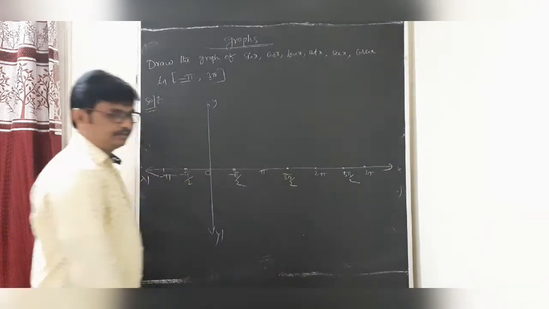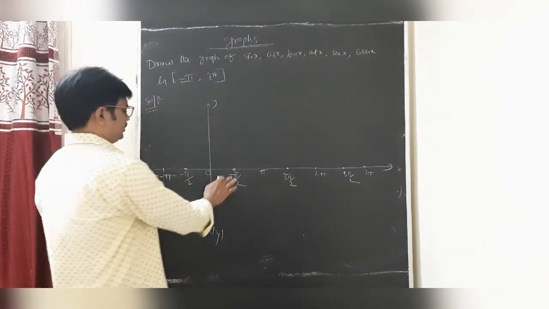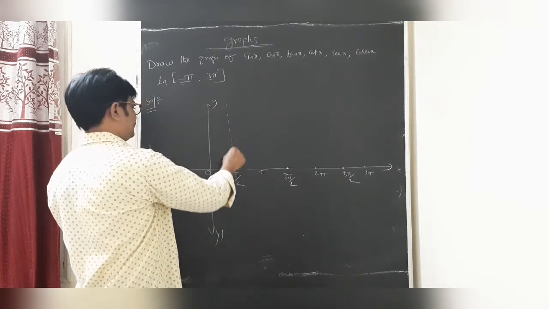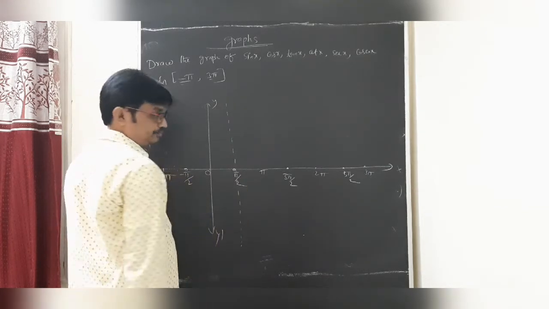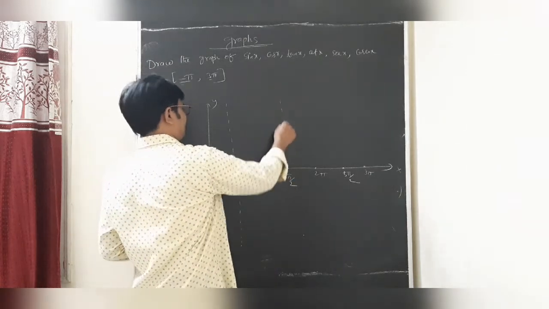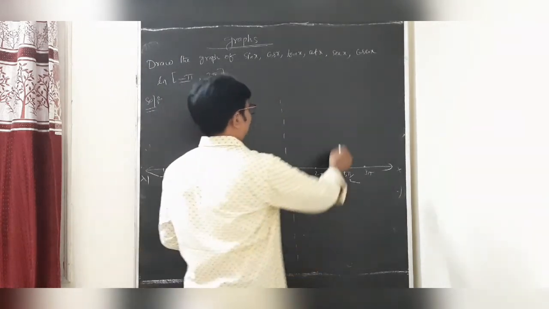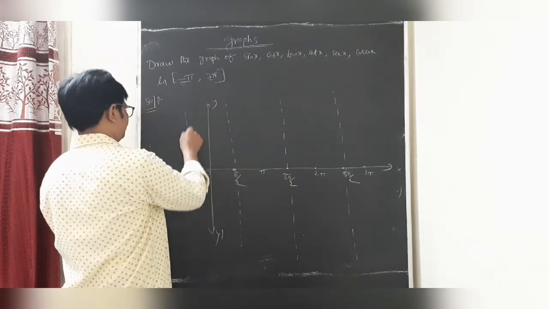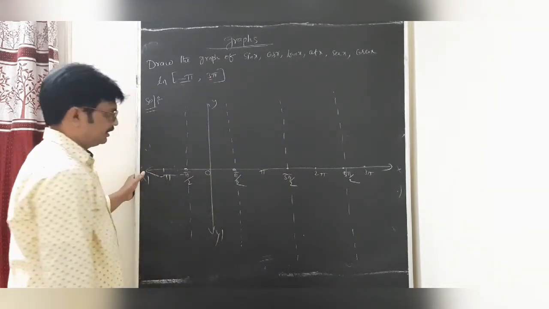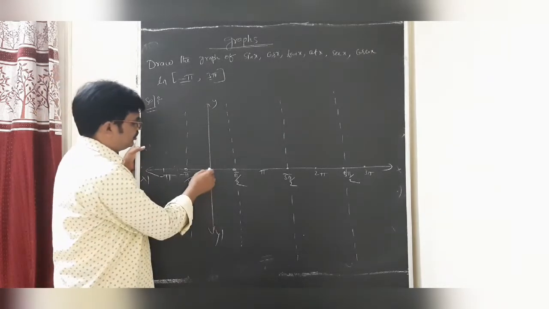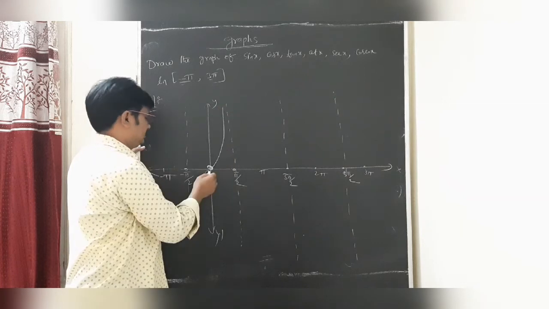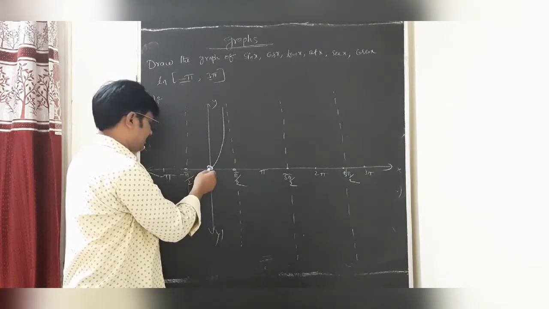What we observe: tan 90 is infinity, tan of 3 pi by 2 is infinity, tan of 5 pi by 2 is infinity. Dear students, just now we observed tan 0 is 0, tan 90 is infinity, tan of minus pi by 2 is minus infinity.